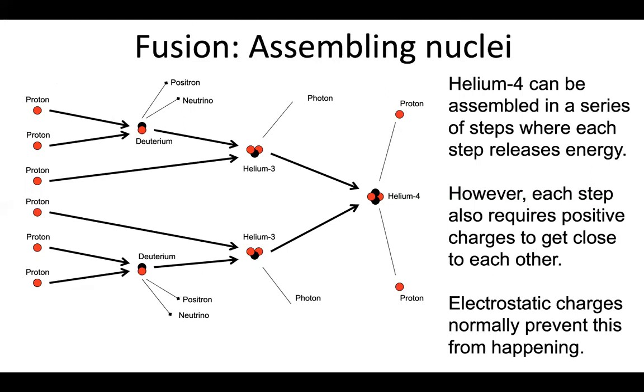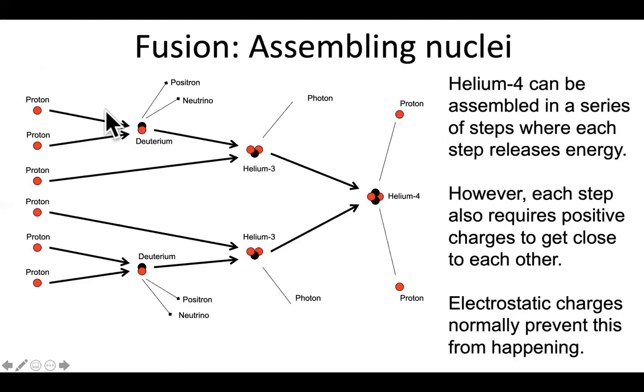So again, why doesn't this just happen? The reason this doesn't just happen is because every single particle in this picture has the same electric charge. They're all protons. They're all positively charged. Remember, like charges repel. Like charged protons don't like to get close to each other. They will naturally push each other apart. They don't get close enough to do this reaction.